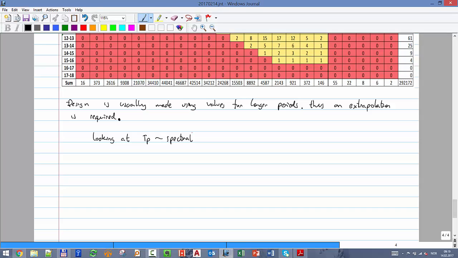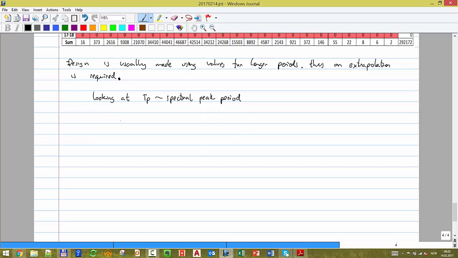It's the highest peak in this fast Fourier transform plot. Spectral period, peak period. And you can make a PDF of the height that's going to look like this.